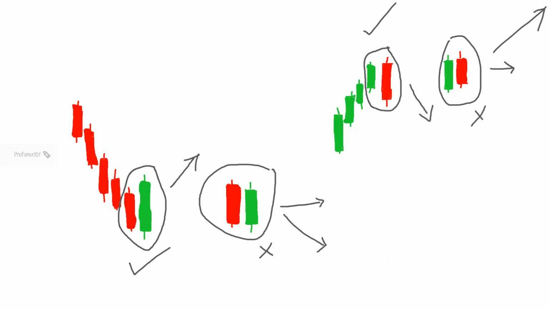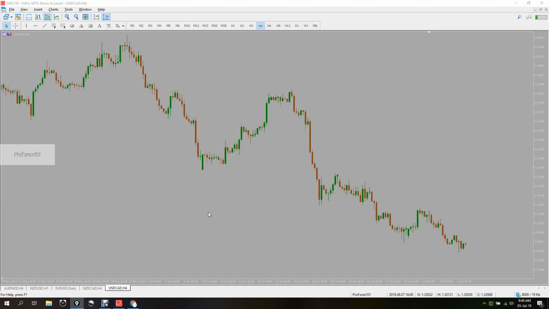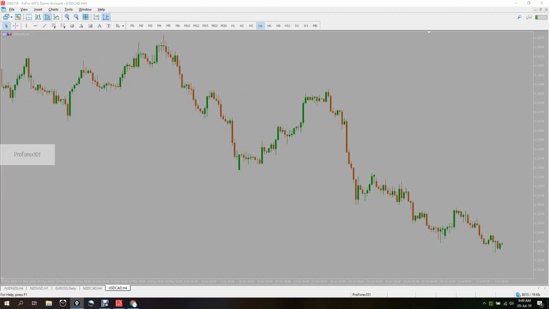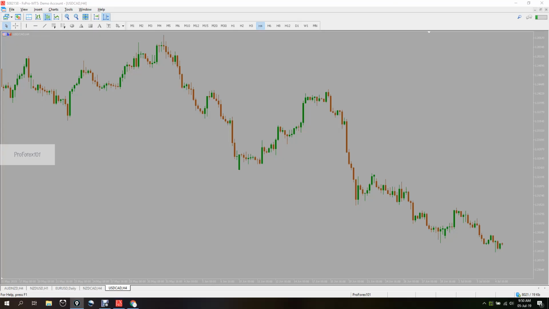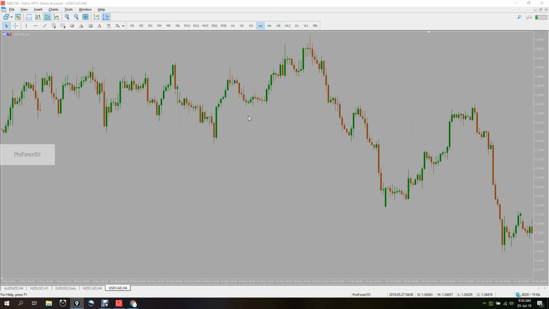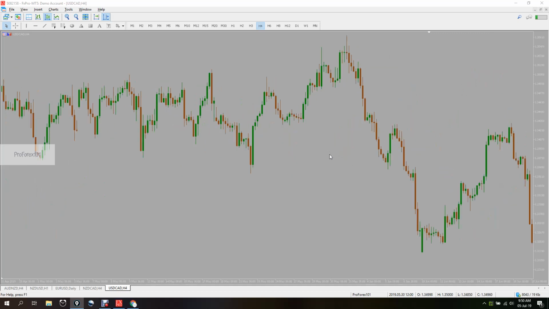Okay guys, let's have a look at these on our charts. First, we'll look at this bullish signal, right here. The market came down here with a red candle, and then look at the next candle all the way up here.